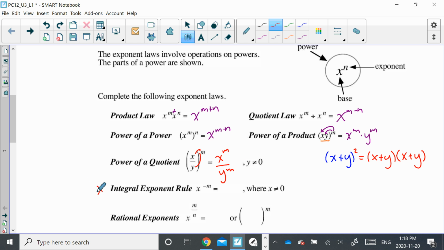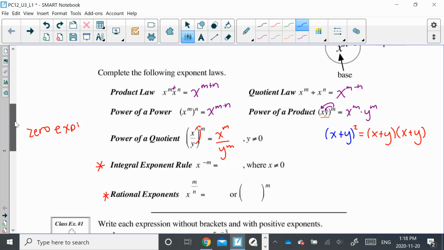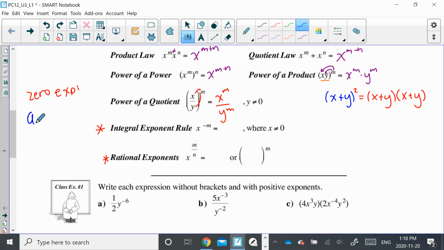Okay, the integral exponent and the rational exponent, and actually let's write the zero exponent first. So let's talk about the zero exponent. From 10C, you're introduced to the zero exponent. Anything to the power of 0 is equal to 1. The exception is if I said, what would negative a to the power of 0 be equal to? Some students want to look at this and say the answer is 1.